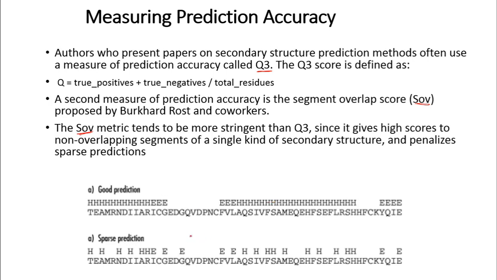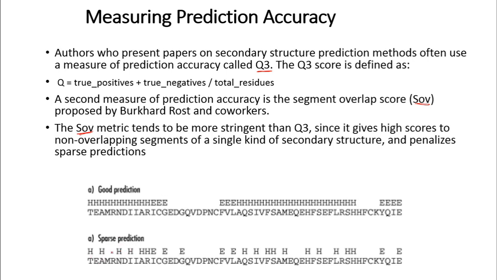On the other hand, if your prediction method predicted something like this: the first residue forms a helix, then another residue you don't know, the third residue might form a helix, then the subsequent two residues you don't know, then the fourth residue is predicted to be a helix. Such a thing never happens in nature, right? A helix is usually contiguous. It might begin with this residue and end with that residue. So if there is such a sparse prediction, the score of such prediction would decrease.